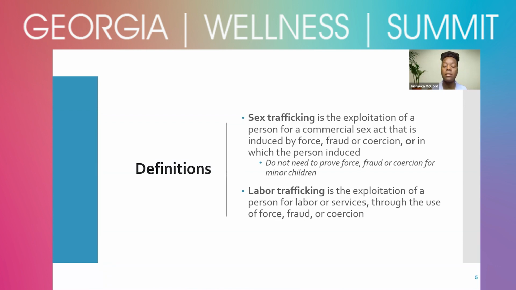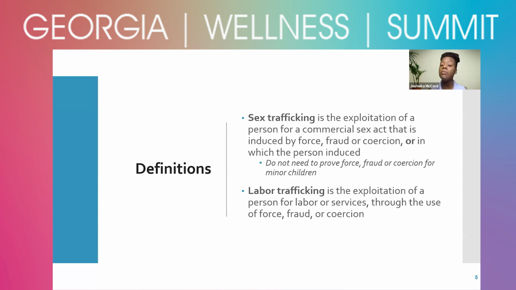That's something that I want us to be able to recognize and understand. In this definition, a person is coerced or forcibly put into sex trafficking. And you don't need to prove force, fraud, or coercion for a minor victim. It's just understood. If they're under the age of 18, then that definition already applies.